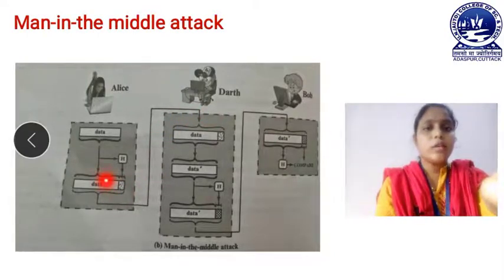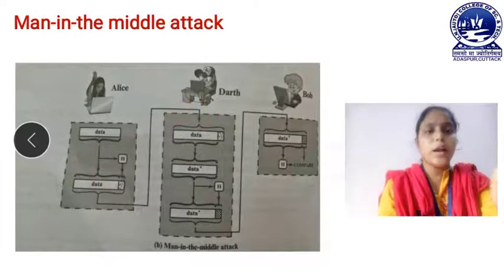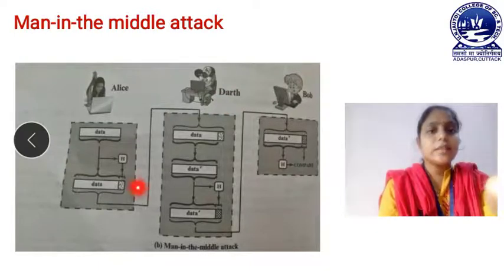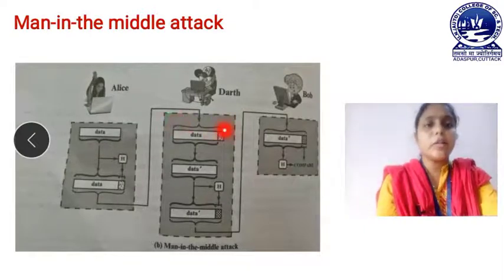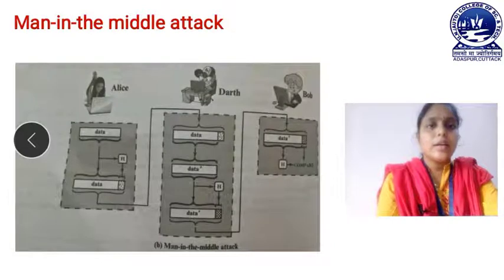When this value is transmitted over the network, there is another person, Darth, and Darth takes this value from the network. After taking this value from the network, Darth takes the original message and replaces it with some new message. After replacing the message, Darth calculates the hash value by taking this new message.